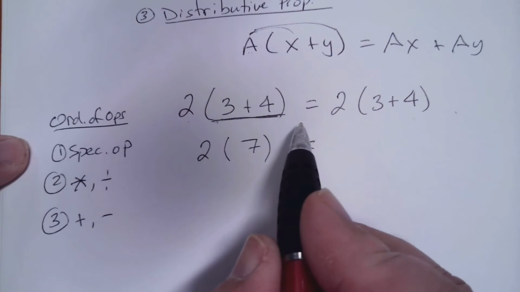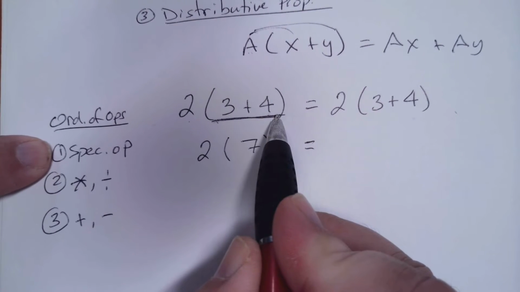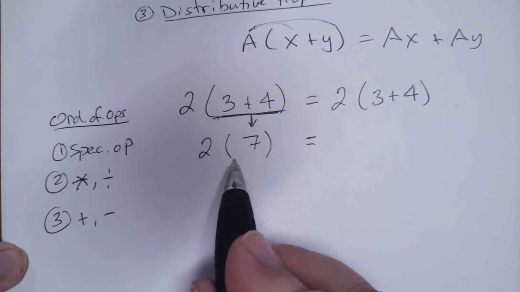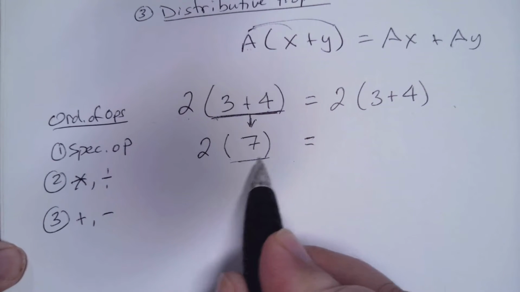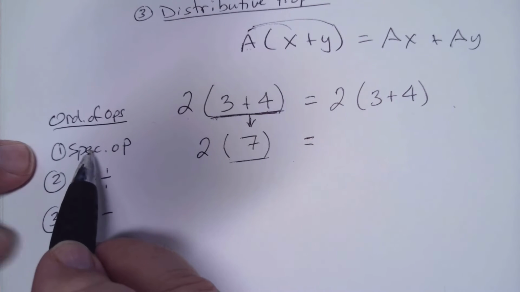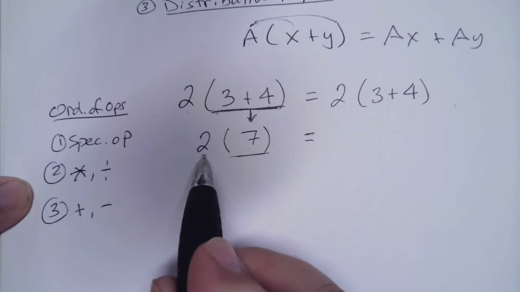So as we read left to right, we see a parenthesis. That's a special operation, we have to do inside there. So we did that. Reading left to right, here's a parenthesis. Can we do anything inside there? No, it's a 7. So we're done with special operations. Now we go to the next one. Are there any multiplication or division?